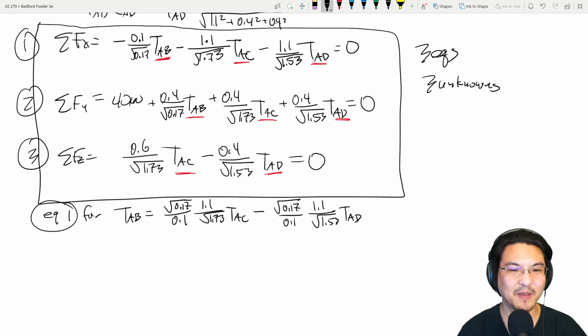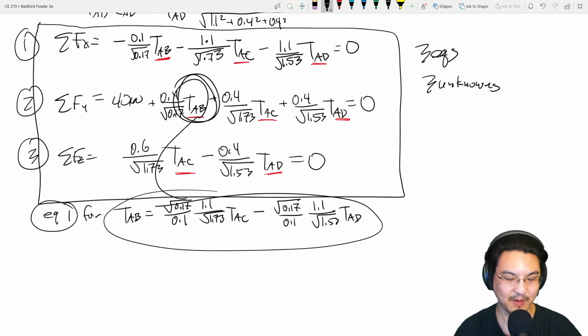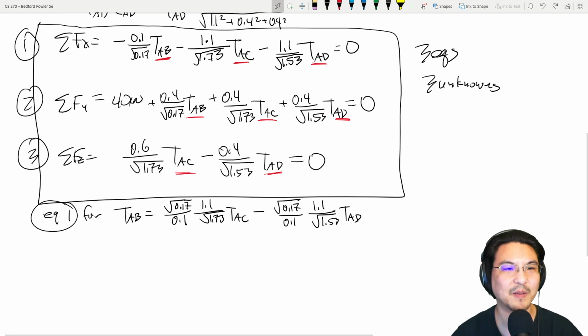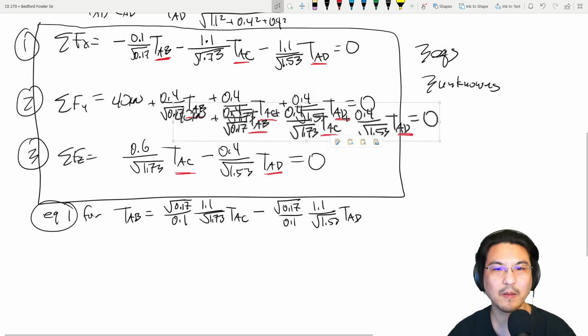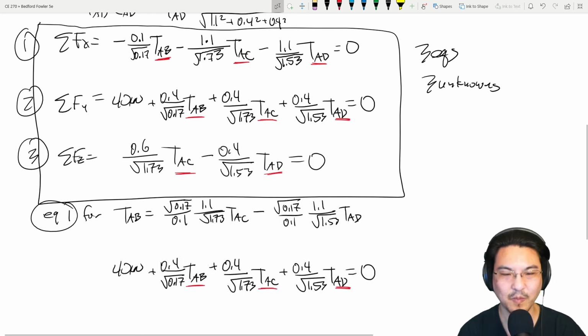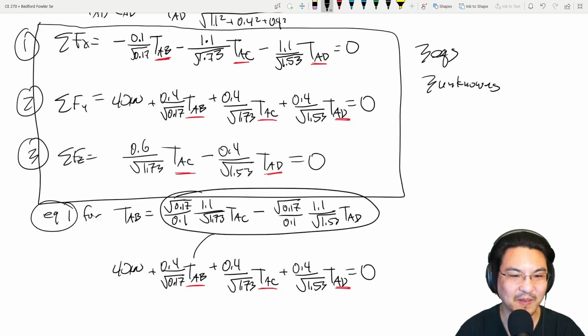Then I can take this and plug it in right here. And what would that accomplish? All of this goes right there.